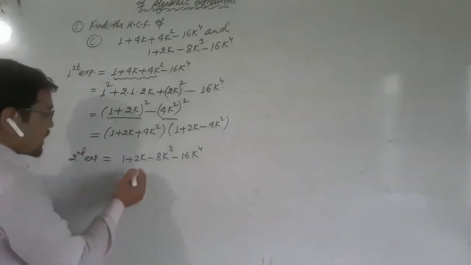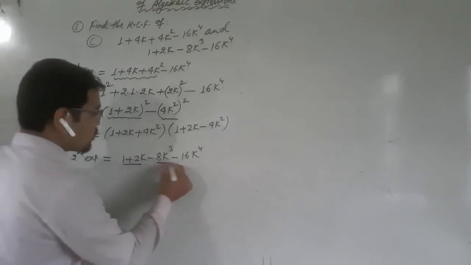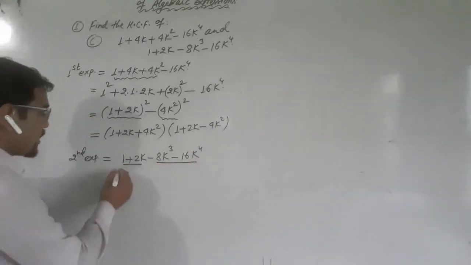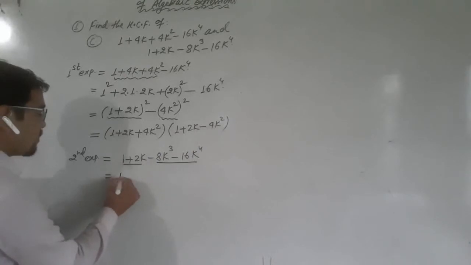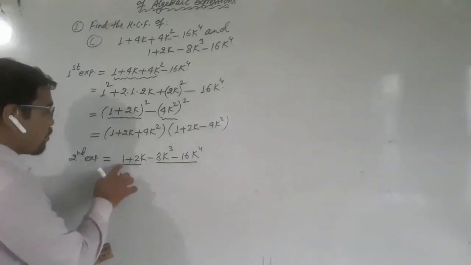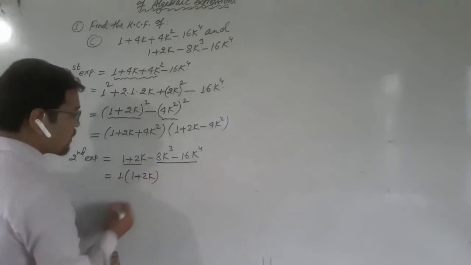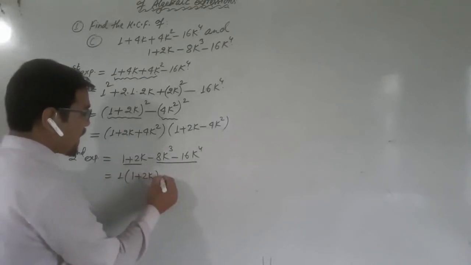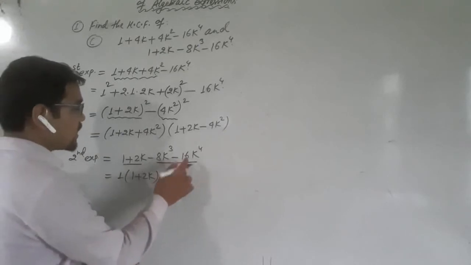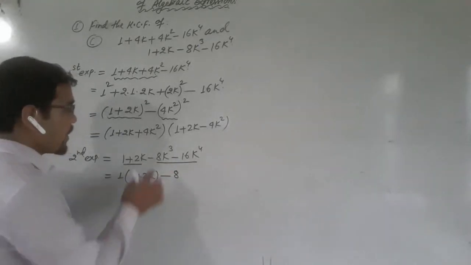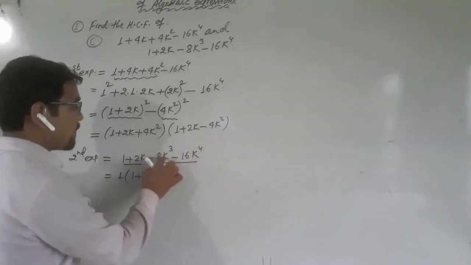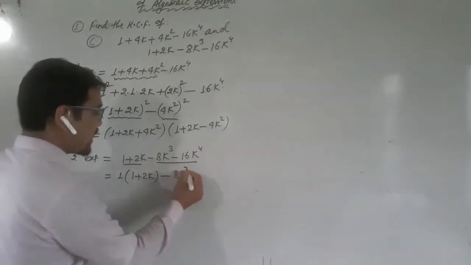So here let's take common from these 2 and from these 2, check it. Okay. So from these 2 we can take 1 common. Everybody, you can see 1 common we can take from here. So 1 plus 2k we can do. And from the back side, this minus we have, the minus we can do. 8 divided by 16, so that 8 also we can take common. K cube and k power 4, then k cube is common, so k cube we can write in bracket.